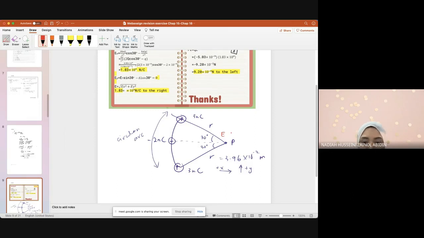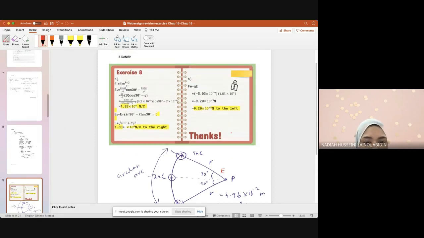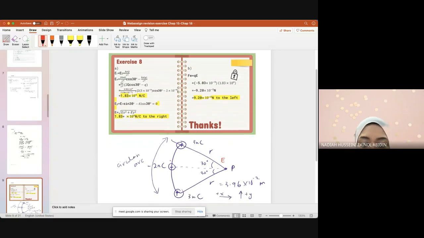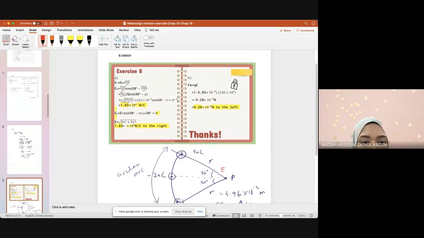Okay, to find E, Danish did it like this. E1 is equal to E2. Why? The charge is 3, R is the same. Let's see what he did.